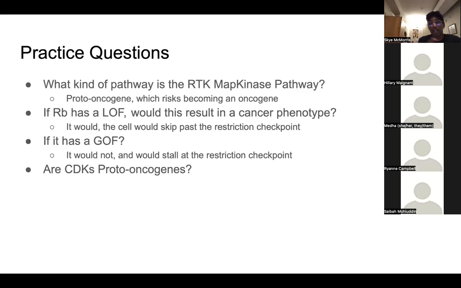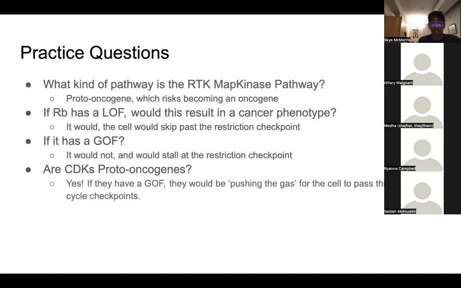So if any protein relevant to the cell cycle and the cell's growth and proliferation is causing the cell to move forward in the cell cycle, then it's considered a proto-oncogene. If it's causing the cell to stay where it is in the cell cycle, it's a tumor suppressor, right? Think about, is it the gas or is it the brakes? In this case, CDKs push the cell forward in the cell cycle, so they would be proto-oncogenes.